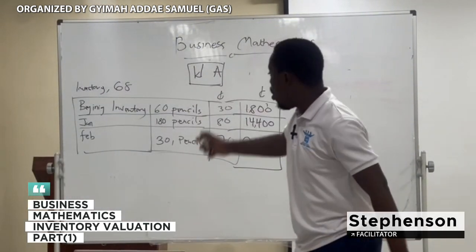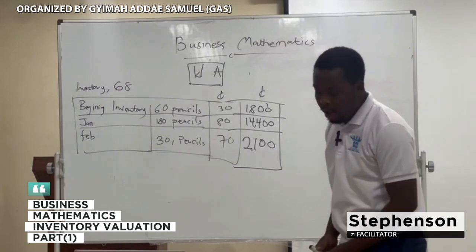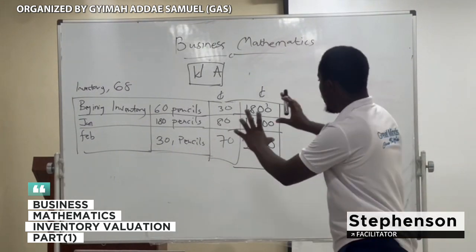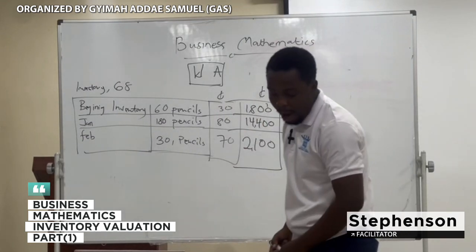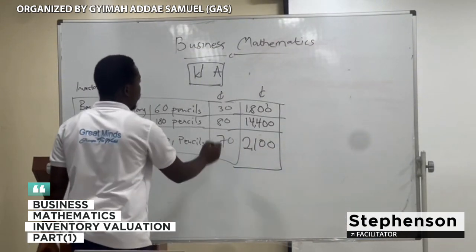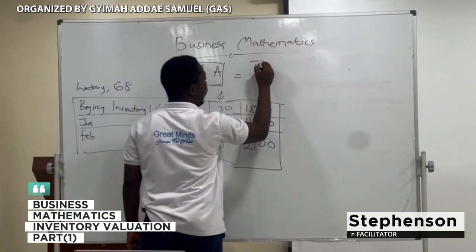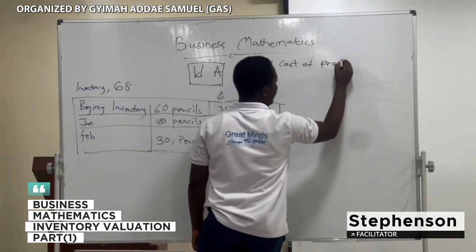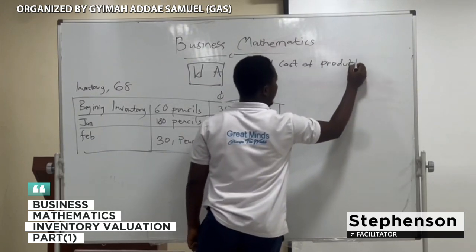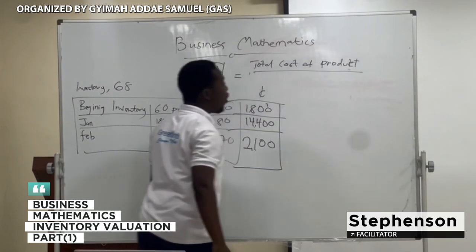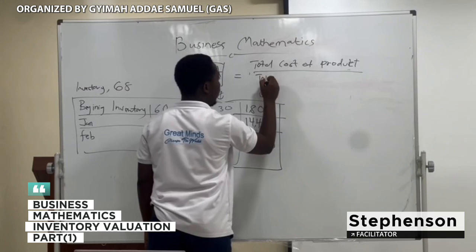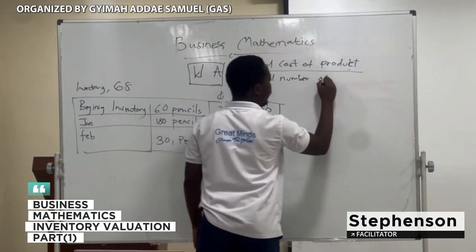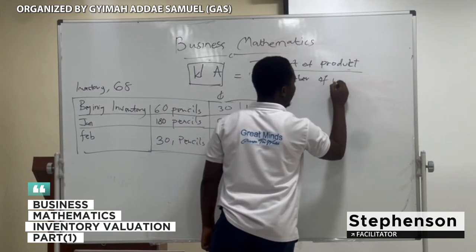All right. So with our weighted average method, we have a formula for it, which is the total cost of the product divided by the total number of units.